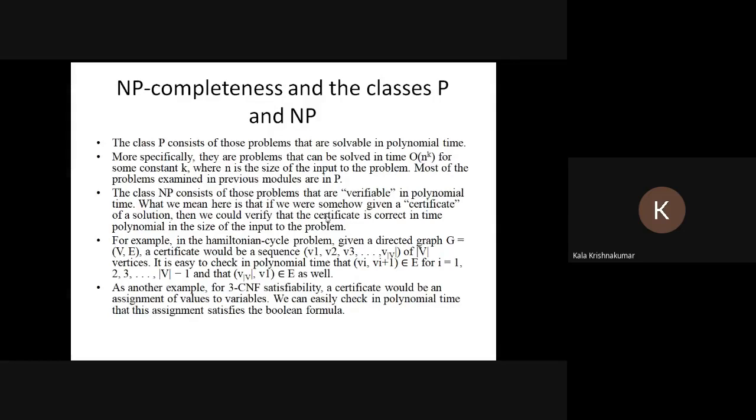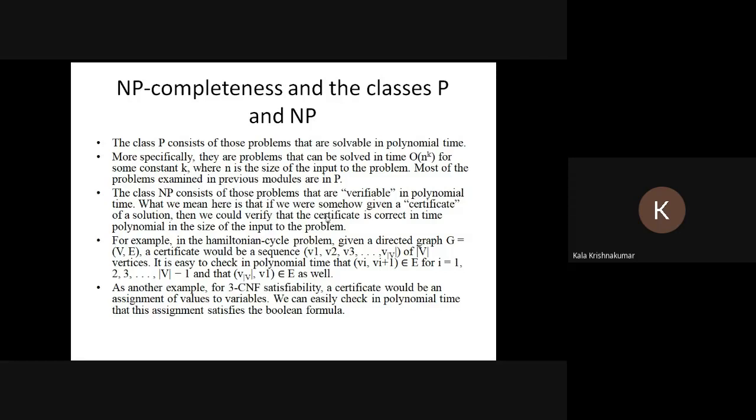Or in the case of a minimum cost spanning tree, if somebody gives me a spanning tree and its cost, I can check whether that is a minimum cost. I can verify this. Which means suppose I get a certificate of a solution, then we could verify that the certificate is correct in time polynomial in the size of the input to the problem.